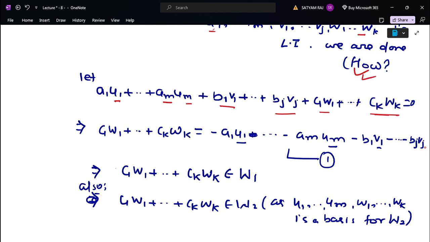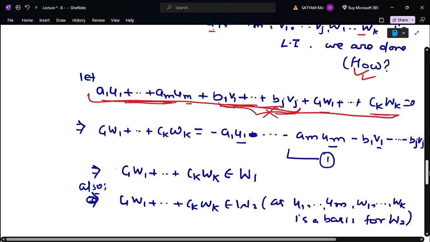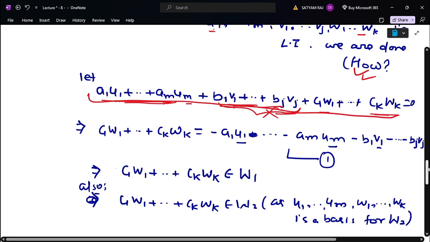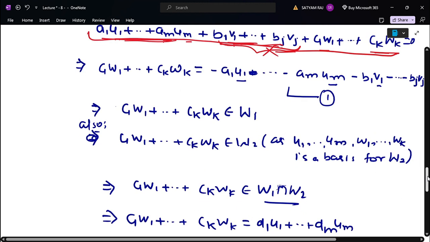If we send this vector and this vector, not all these vectors, sorry, to RHS, we get c1 w1 plus dot dot ck wk in LHS, and it will be equal to minus of all these vectors, because in LHS we have plus sign, so it will be minus sign when it goes to RHS.